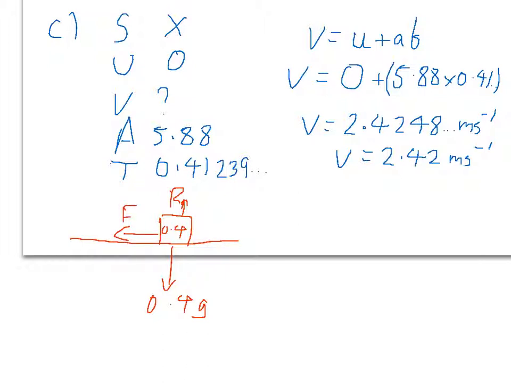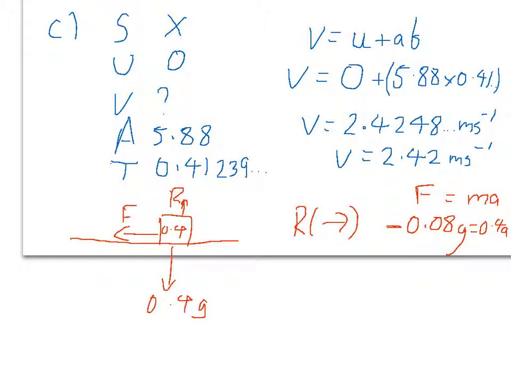So, looking at the forces on A in that direction, all you've got is the friction, which we found earlier on was 0.08g, equals 0.4a, because that's from F equals ma, as there are no other forces now acting on A in this direction.